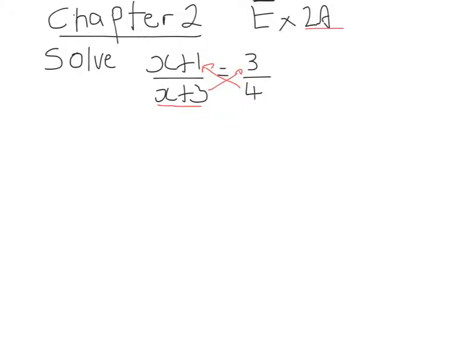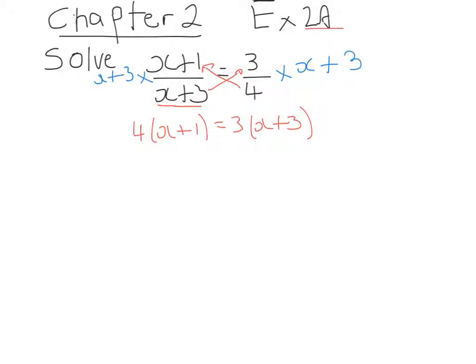So what if I go, let's see, well, 4 times (x + 1). And what about if I take that x + 3 and put it up there? What I've really done there, I suppose, is I've multiplied both sides by x + 3. Now if I do that, that cancels with that.